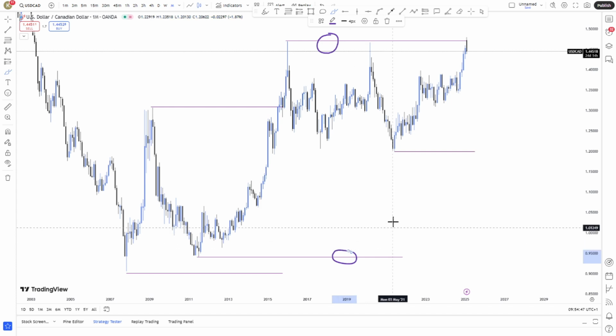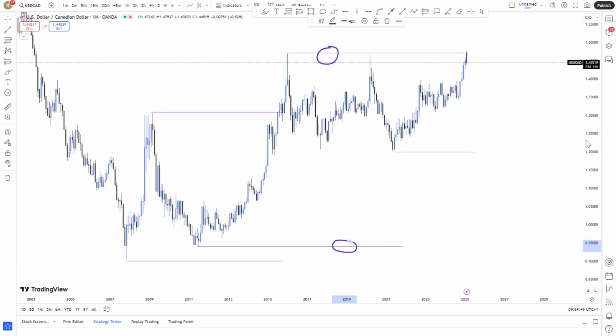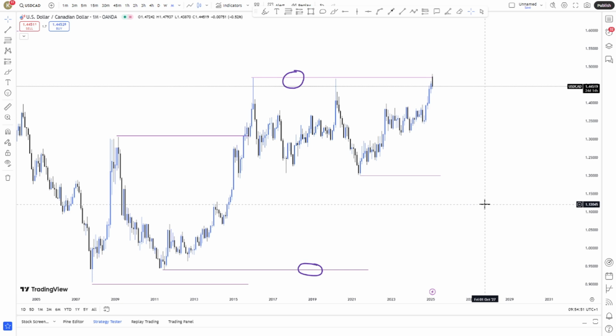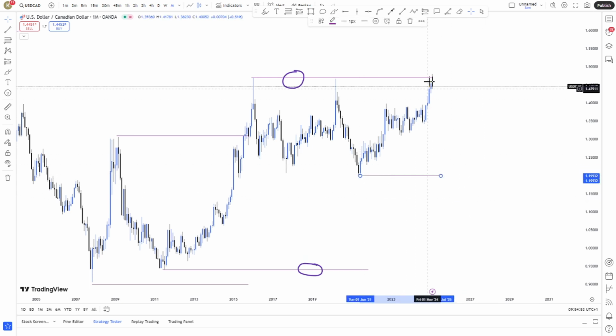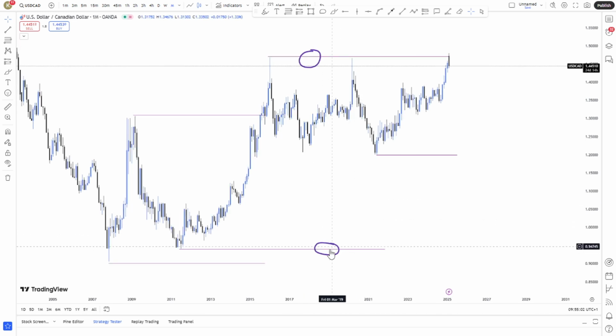The dealing range must be made up of purple. Between this and this, the dealing range is not complete because we don't have a new purple high here. But the old dealing range is between this one and this one. It has a purple low and a purple high. So that's the external dealing range.